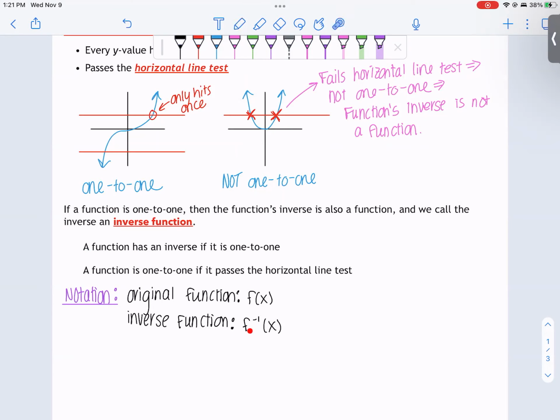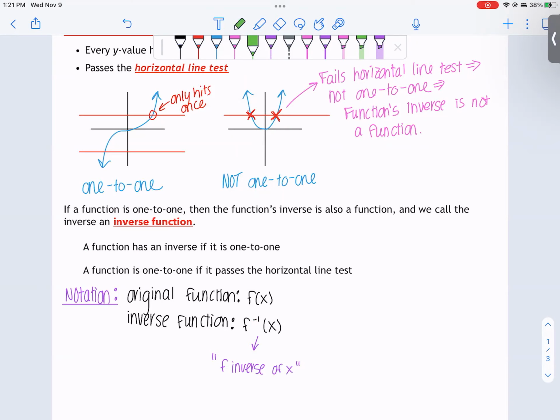So it's like a superscript -1, sort of in the same location you would put a square. Now I want to make a note here of a few things. First of all, the way you would say this out loud is f inverse of x.